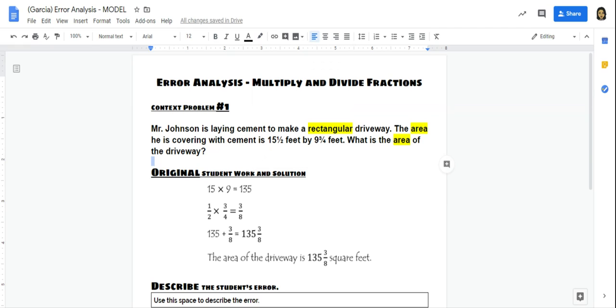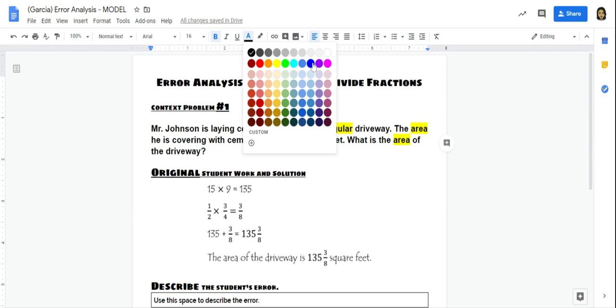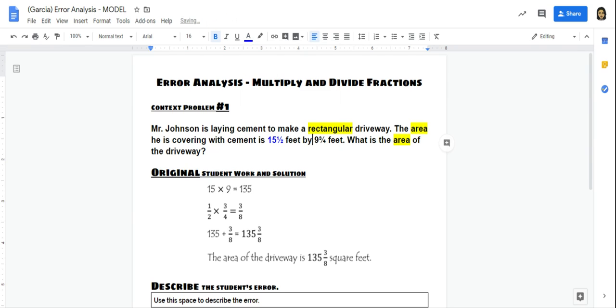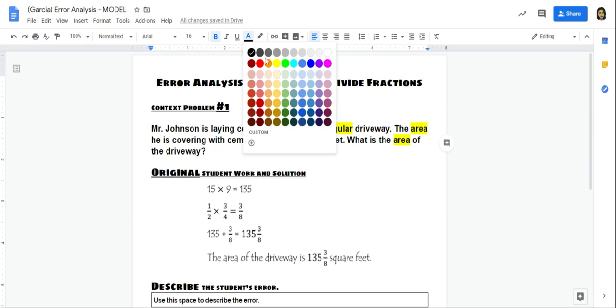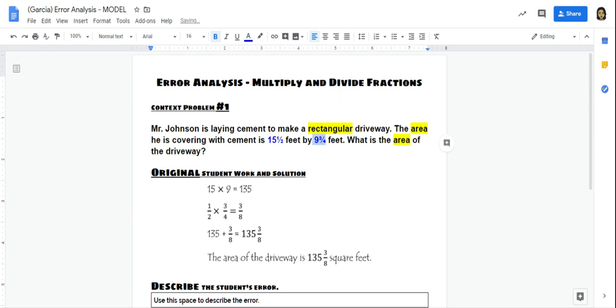So if I look in my unit 4 notes, specifically in 4.1, I can find that the area of a rectangle is the base times the height. Okay. So it also tells me here, and I know we typically circle numbers, but in this case, I can maybe change the color of them so that they stand out to me. And then I can also underline my units here using the underline tool.